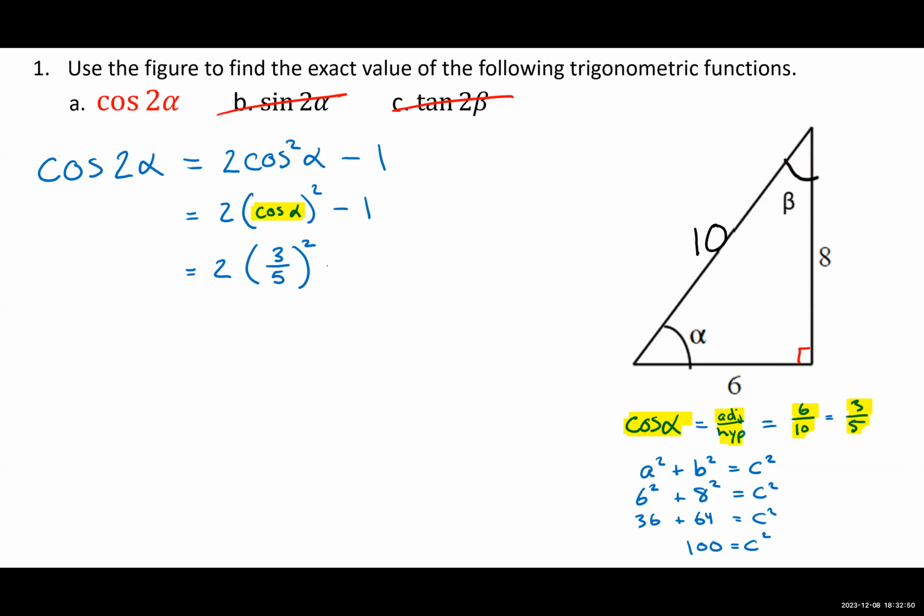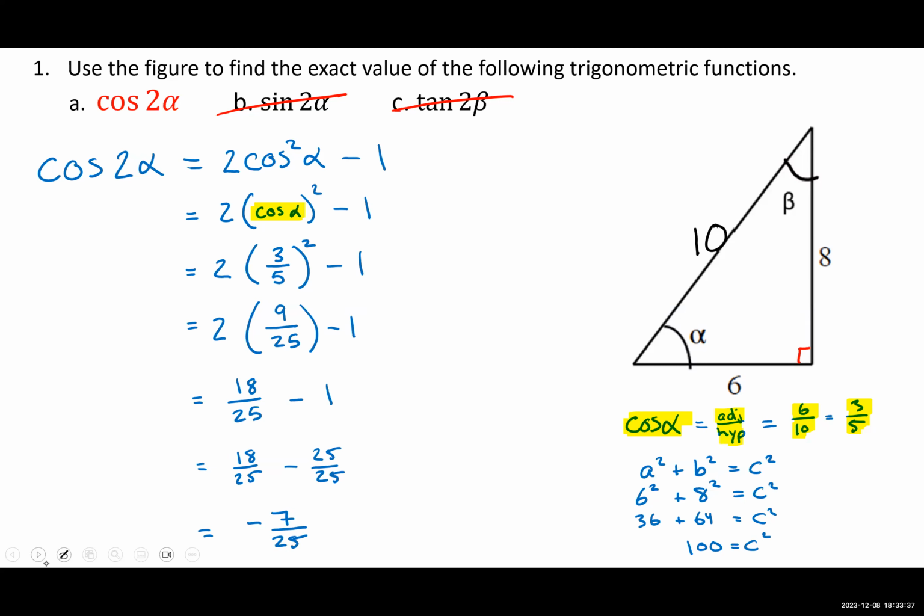It's still squared, we got to do the square. Minus 1. All right, so that's 2. 3 times 3 is 9. 5 times 5 is 25. And we've got a minus 1. So that will be, let's see, 2 times 9 is 18 over 25 minus 1, or 18 over 25 minus 25 over 25. I'm showing every step here. So that will be negative 7 over 25.